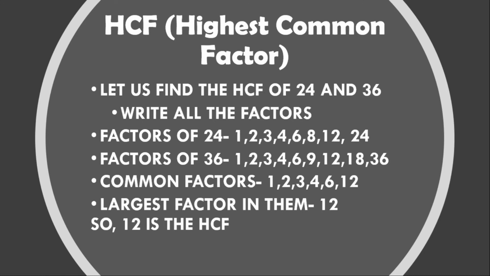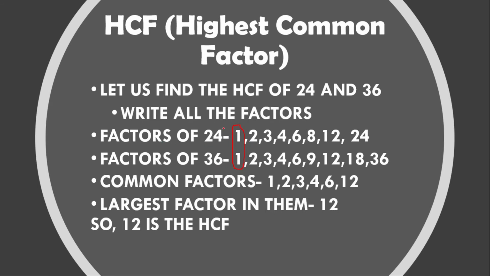Okay. Now the next step is finding the common factors among them. Common factors means the factors which have repeated among them. So in the factors of 24 and in the factors of 36, which numbers are common? We can find 1 is common among the factors of 24 and 36.